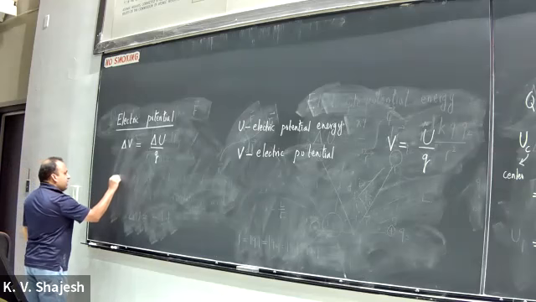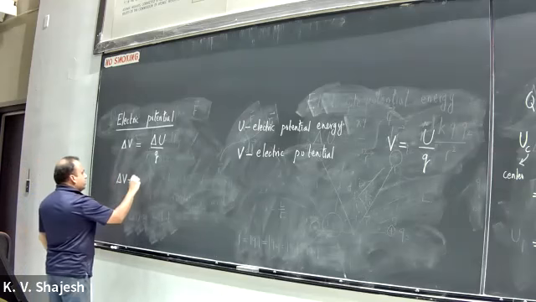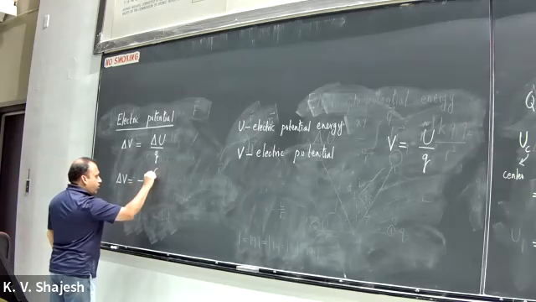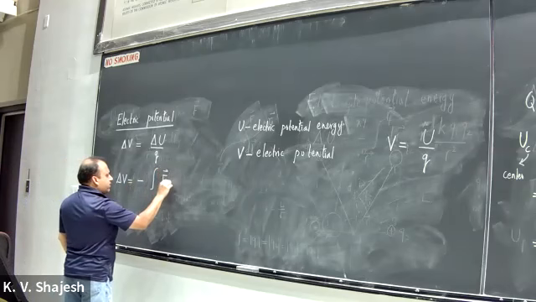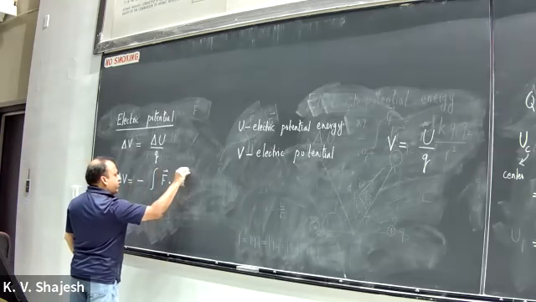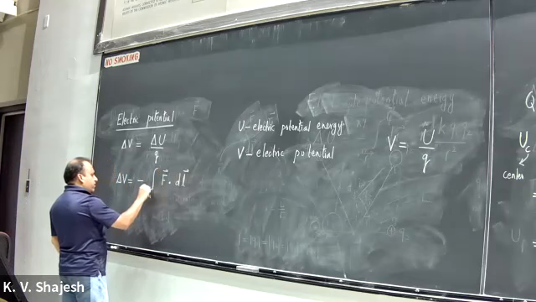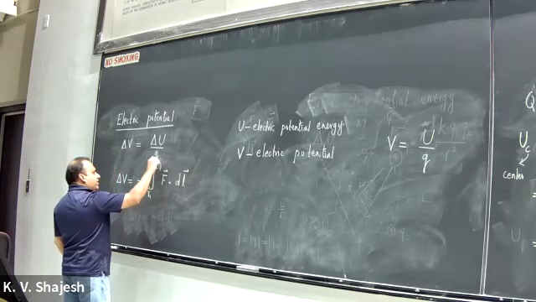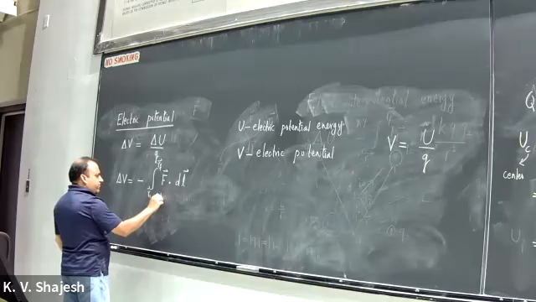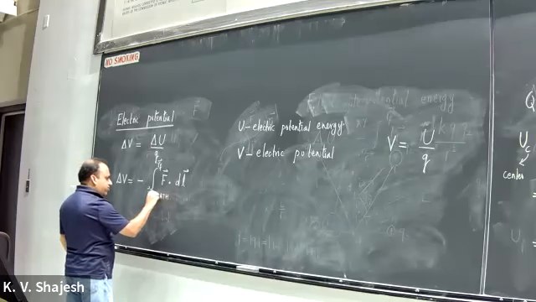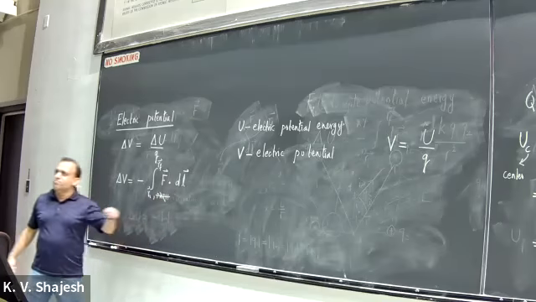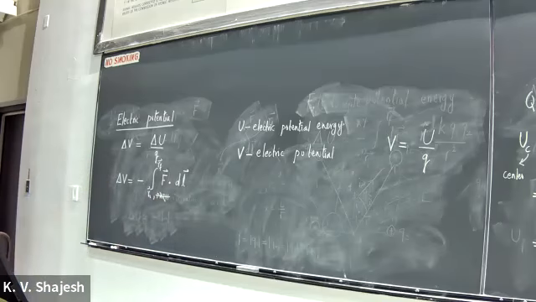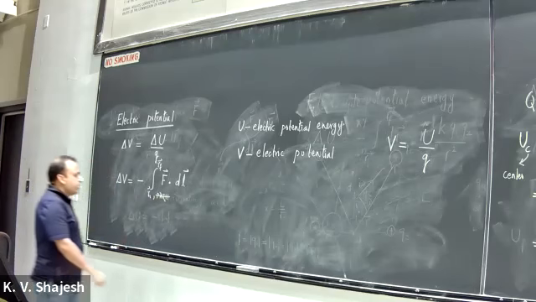So in that sense, change in V is equal to minus of force integrated over the path L, from initial to final. Path is in general there could be a path, but that's not there. It's a conservative force. You don't need the path. That should have been path dependent, but it's not because it's a conservative force.